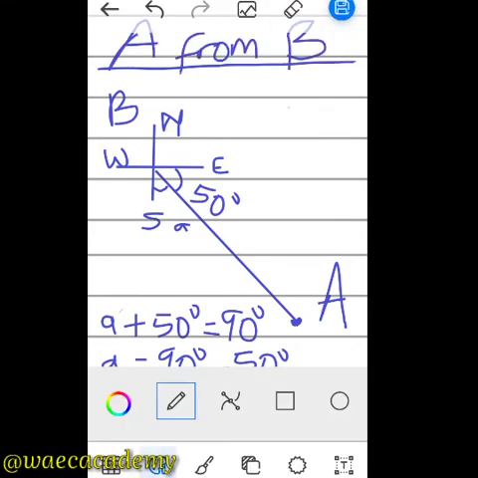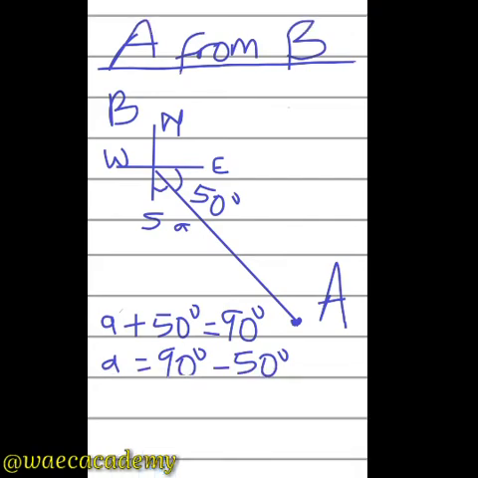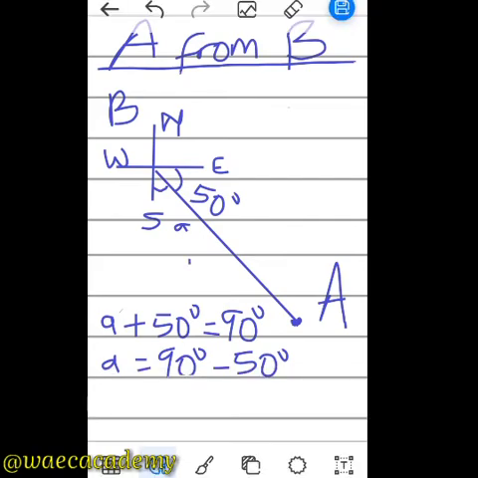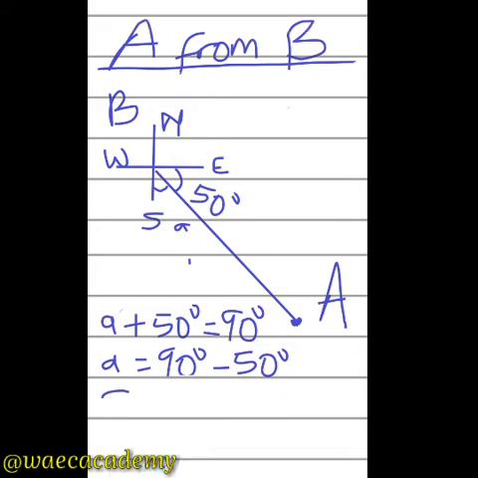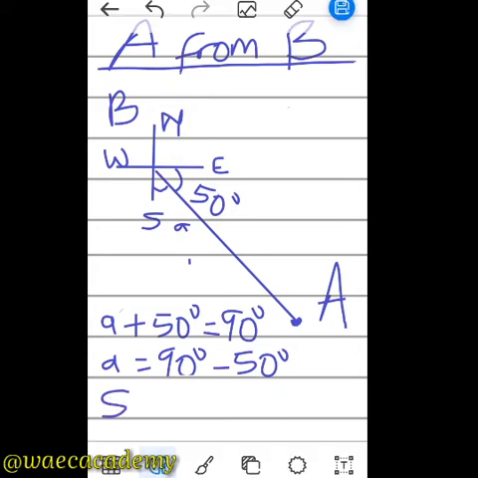So for that, we can easily say the bearing is south. Remember, south always comes before east or west. And if it is north, north will always come before east or west. You cannot have east north or east south.